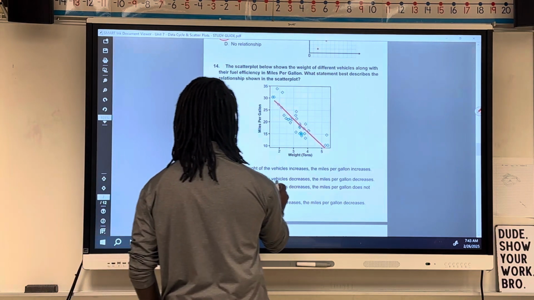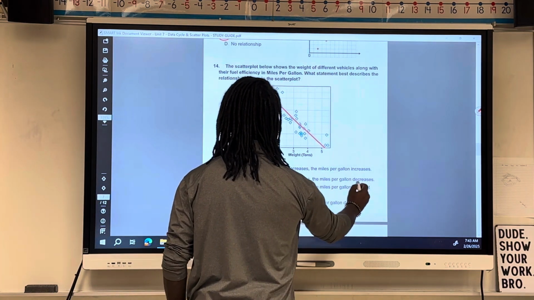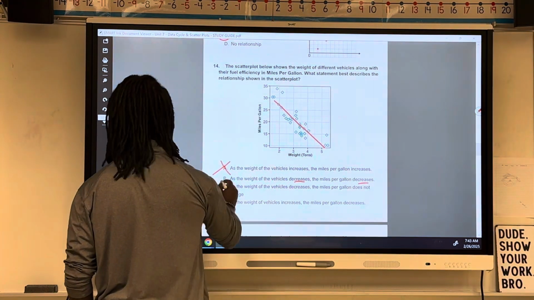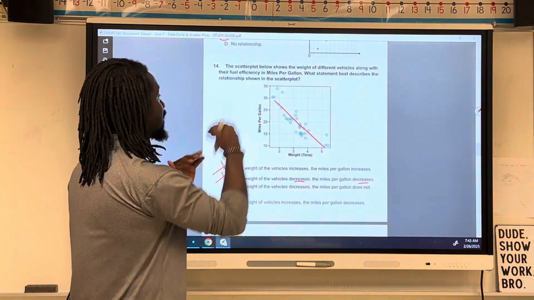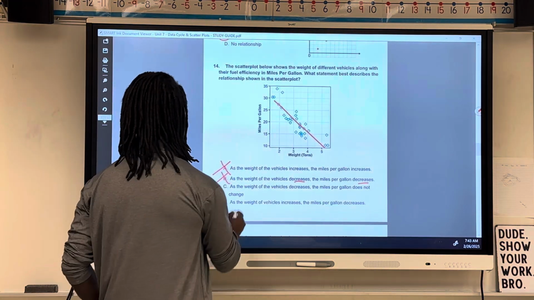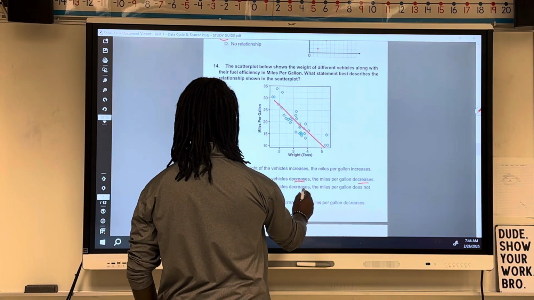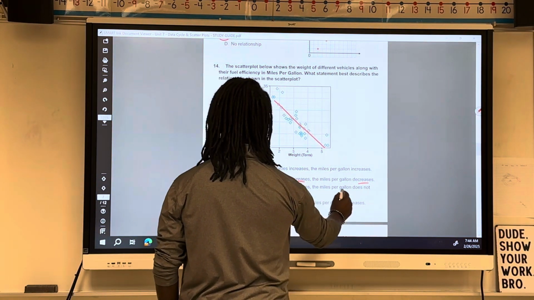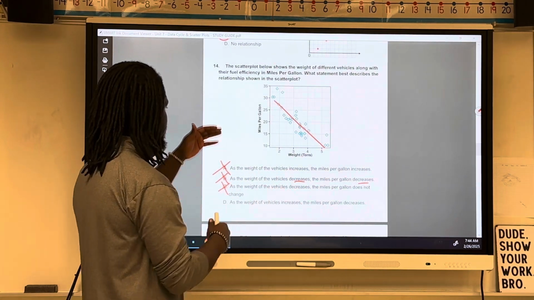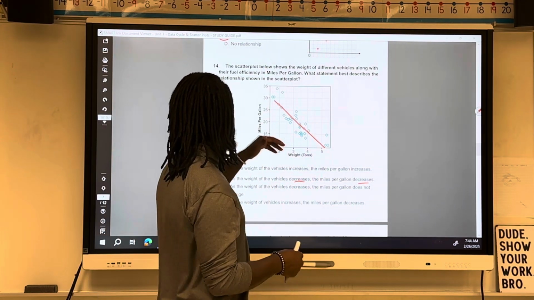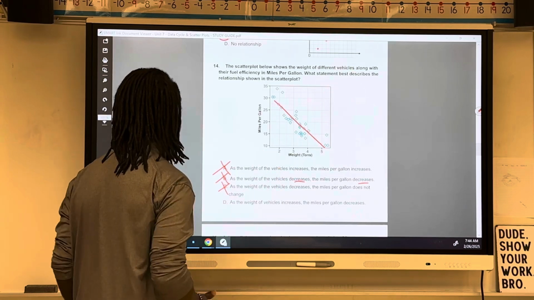As the weight of the vehicles decrease, the miles per gallon decreases. Well, that's also not true because, again, negative relationships is one increases, the other decreases. As the weight of the vehicles decrease, the miles per gallon does not change. Well, that's not right because, again, we see that as the weight moves, they have some relationship.